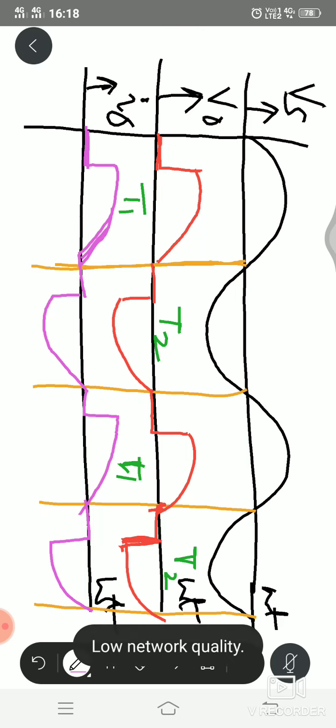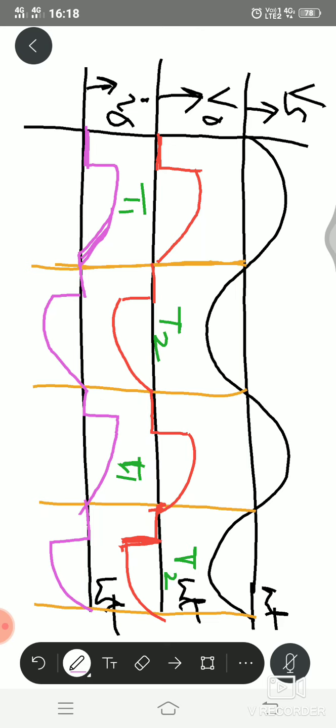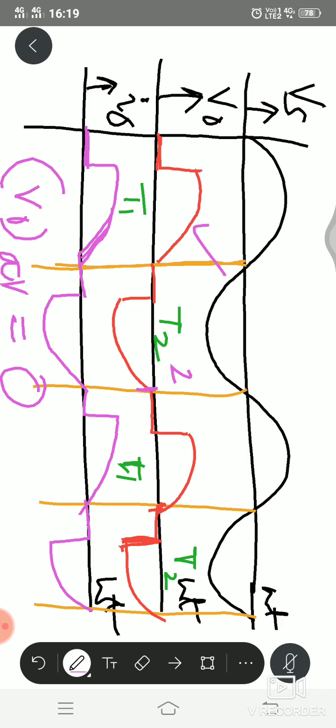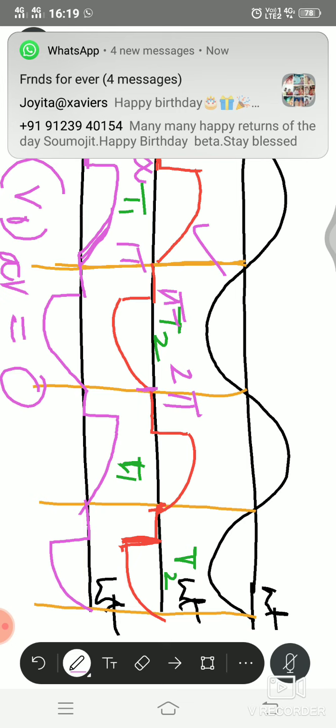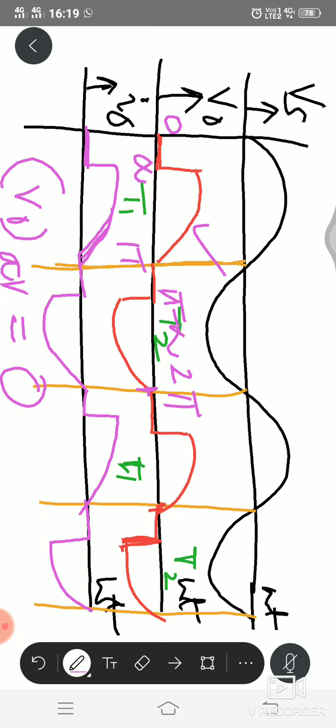Now if you find out V0 average in this case, there is no need to find it out actually, because it will be zero. Why? Because one cycle is completed over here. If you wish, you can note it down. It is zero, it is alpha, this is pi, and this is pi plus alpha, and this point is 2 pi.